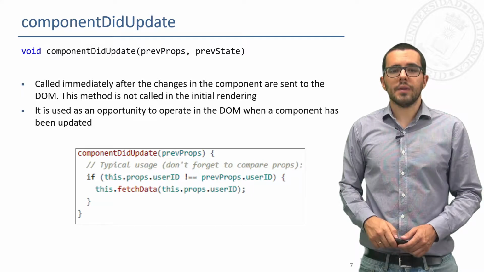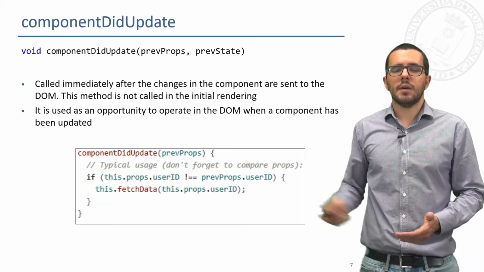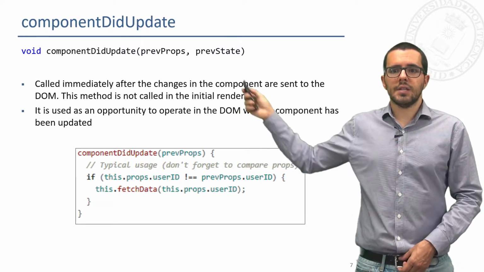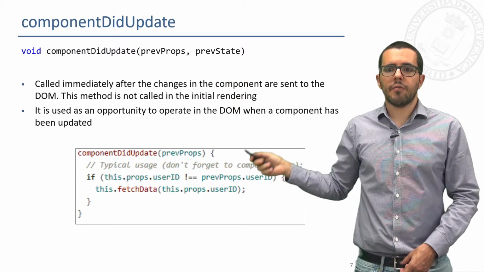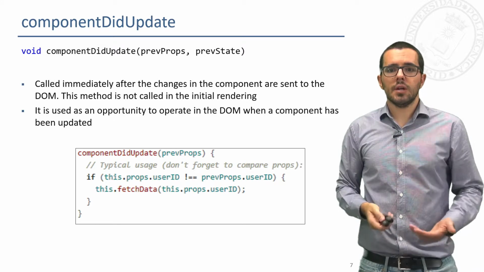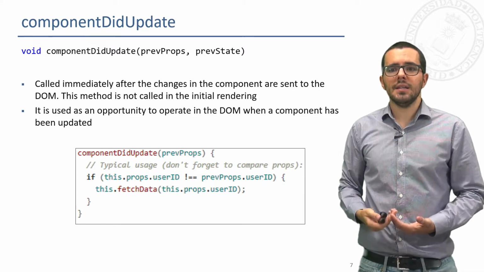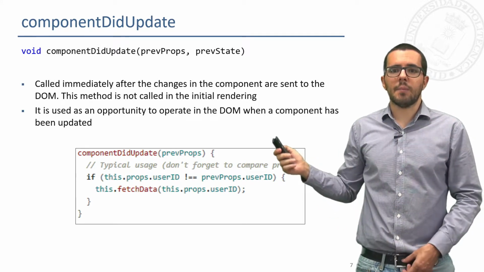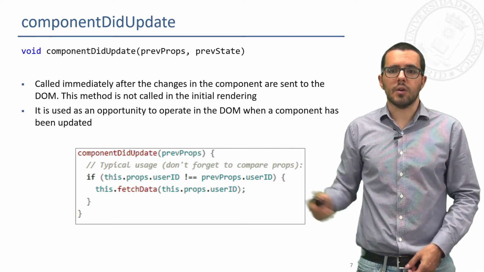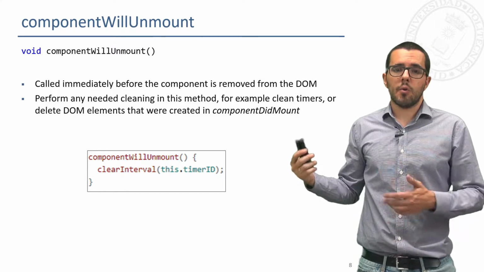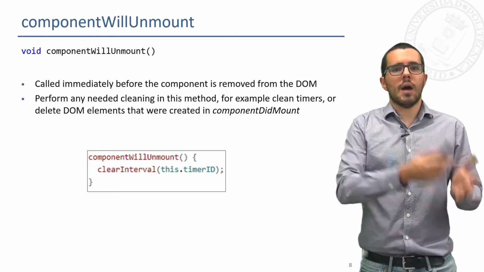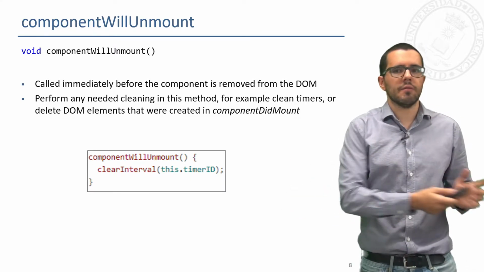Okay? The componentDidUpdate is exactly the same, but in the updating process. It receives the previous props and previous state, and it performs some calculations because it is called immediately after the DOM has been updated in the updating process of the component. The componentWillUnmount is more or less the same, but before unmounting the component, before removing the component from the DOM.